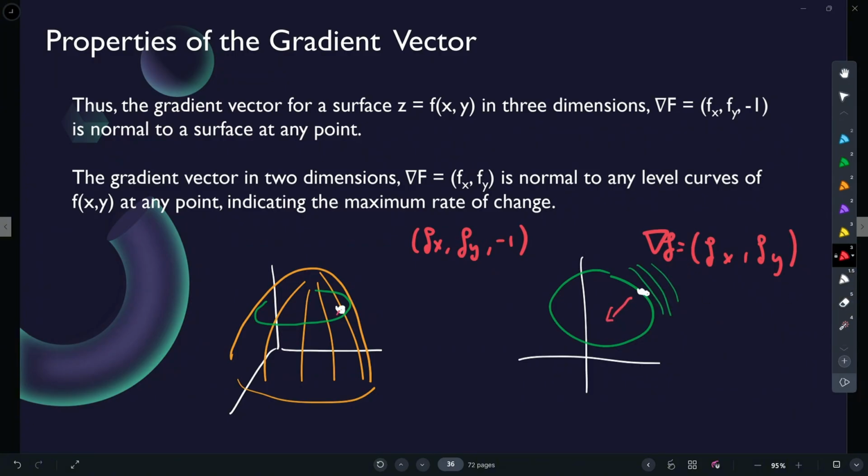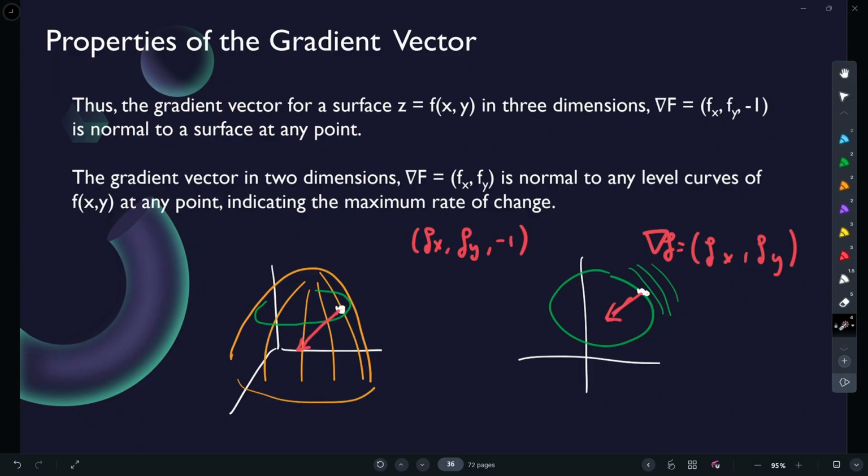In this case, it would give me a vector that is perpendicular to the tangent plane, but it's actually pointing in that direction, telling me that if I want to increase the fastest, I should go in this direction, to the tippity top of the paraboloid. Okay? All right.